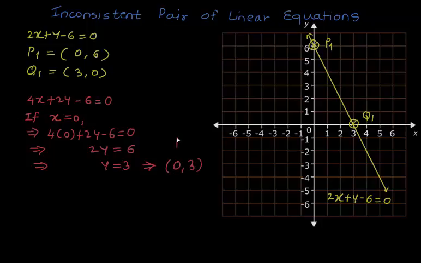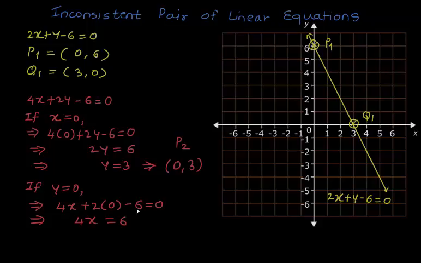Let's call this as point P2. Now next assume the value of y as 0. Now putting the value of y in linear equation, we get 4x will remain as it is plus 2 into y, so y is 0, minus 6 is equal to 0. That means 4x is equal to 6, after adding 6 to both sides.